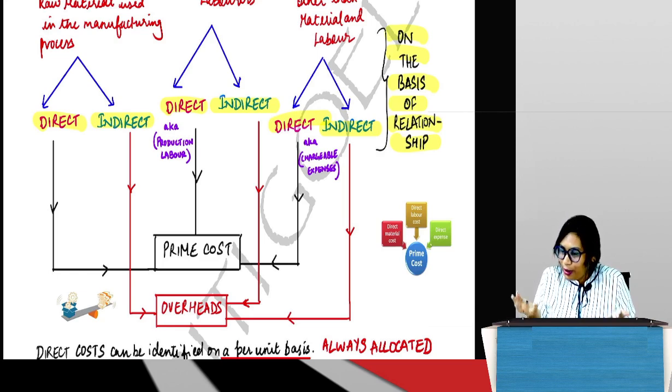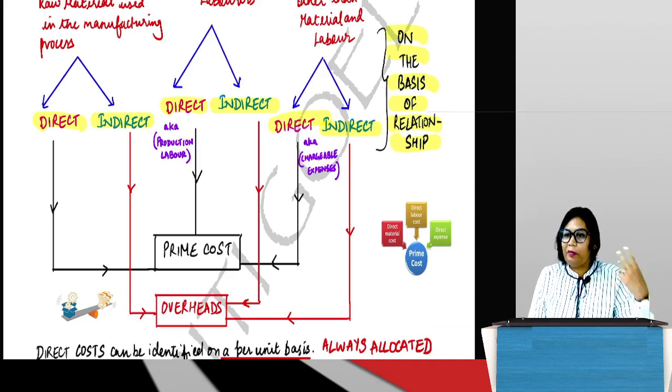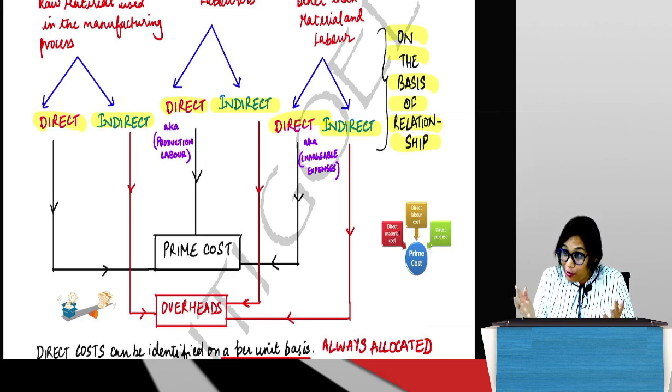Indirect material is that material which cannot be directly associated with the product. Okay, fine, I understand. But what do you mean by directly associating something with the product, or not? What is the meaning of this? This is what we are going to understand now.